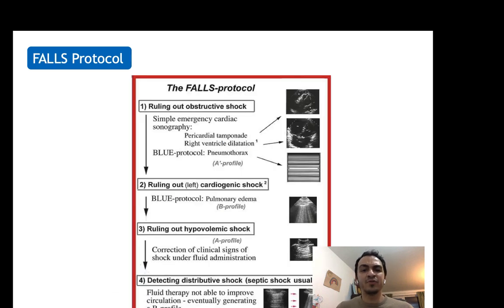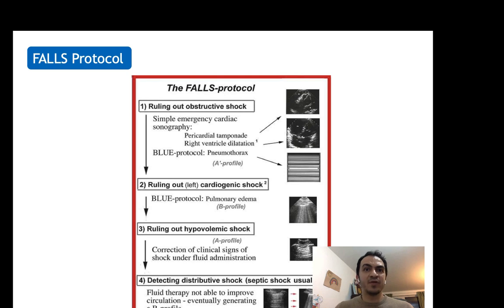The other important protocol is the FALLS protocol, which is fluid administration limited by lung ultrasound. I find it quite useful, and it's important to rule out the presence of different types of shock. You can rule out obstructive shock or cardiogenic shock or hypovolemic shock, and it can also detect distributive shock. And I find it useful to limit the amount of fluids I administer to my patients.